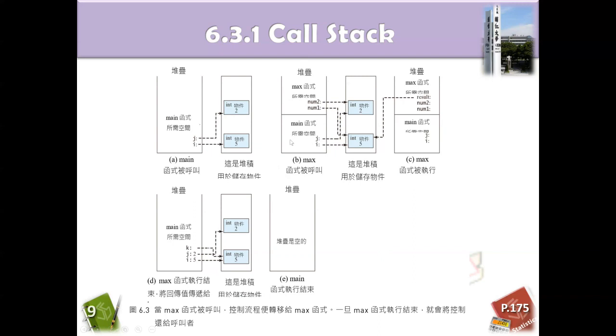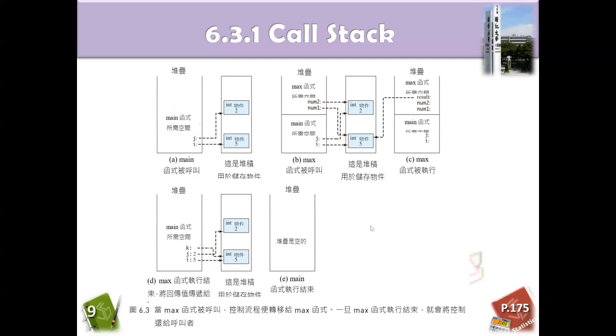So we call that last in, first out. When the max returns the value to the main, then it can be removed. Then we are still in the main function, and we get the result, and then main will be removed. So the first in will be last out, the last in will be first out.